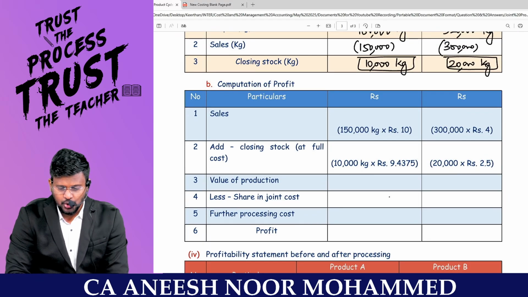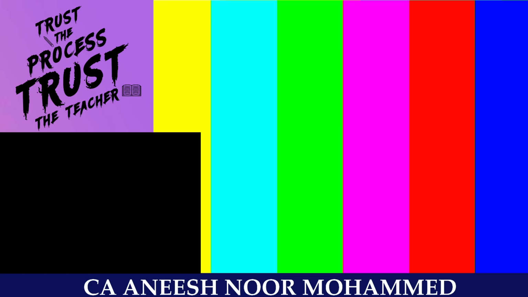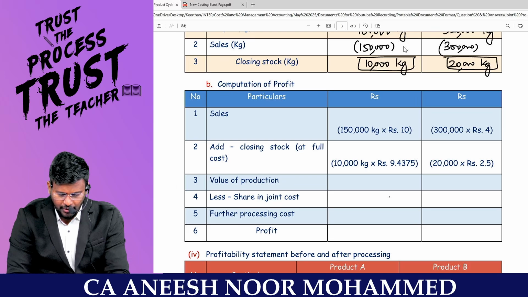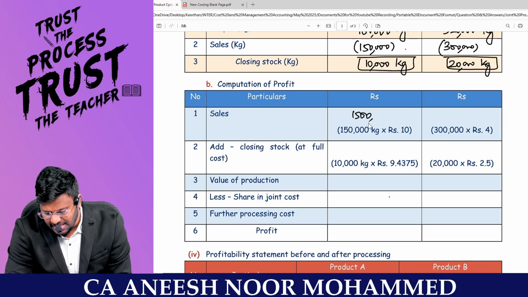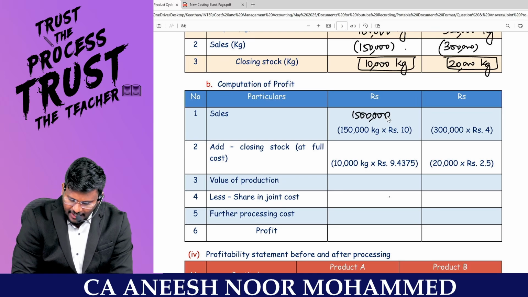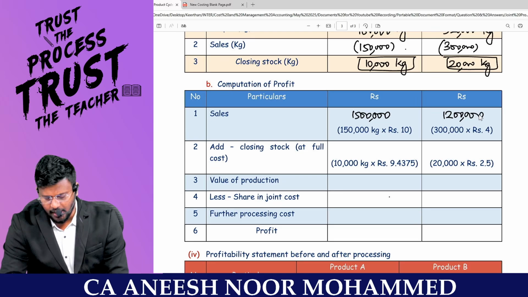Comfortable? So this 1,50,000 kg has been sold for 10 rupees, my dear lovable students. So 1,50,000 into 10 comes to 15 lakhs is the sale value of the first product, whereas 3 lakh into 4 comes to 12 lakhs is the sale value of the second product.